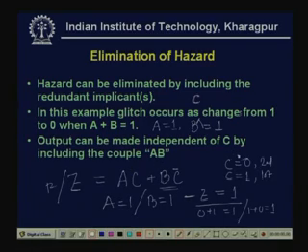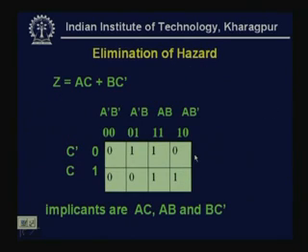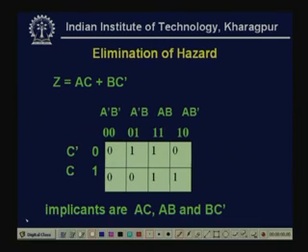And how we can do that? We can include another input AB, which is actually a redundant implicant. Now, again here we consider the Karnaugh map. Earlier we have seen this is AC plus BC bar.